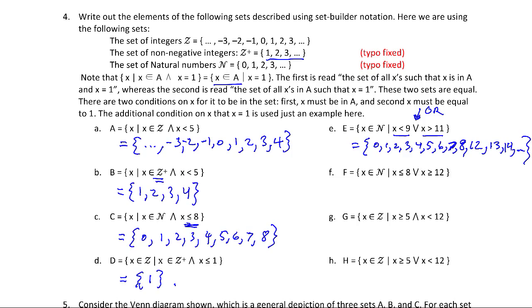And that's an or. The next one is an or also. And here we're looking at natural numbers either less than or equal to 8 or greater than or equal to 12. And so natural numbers start at 0: 1, 2, 3, 4, 5, 6, 7, 8.